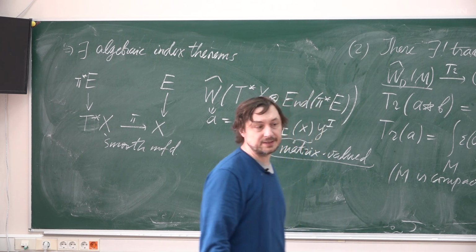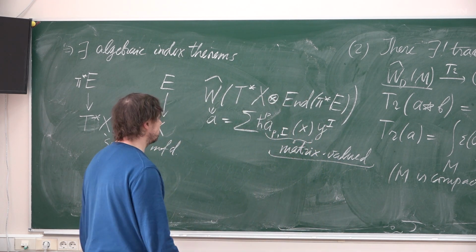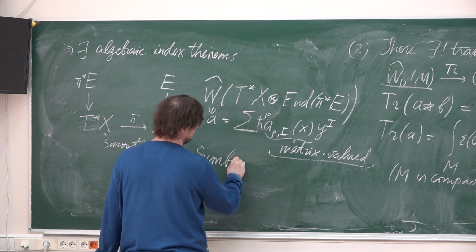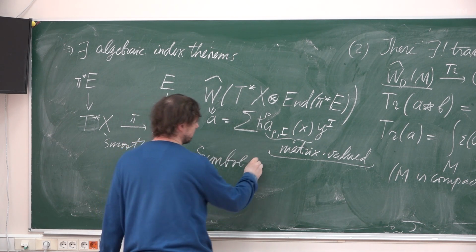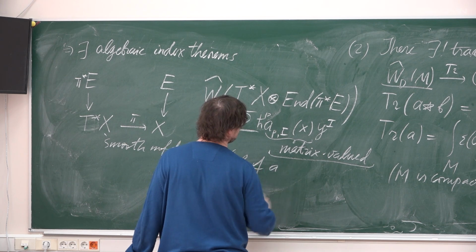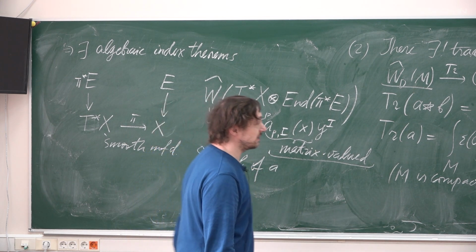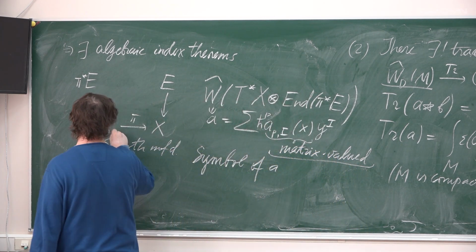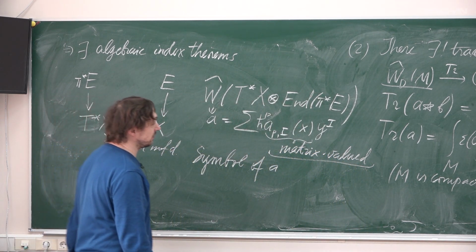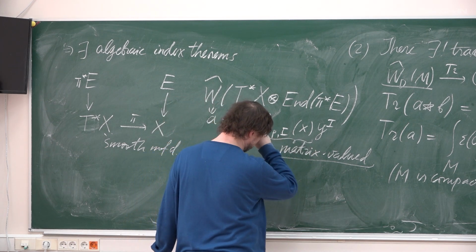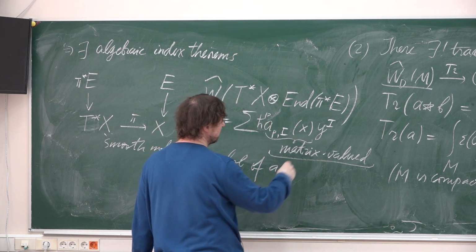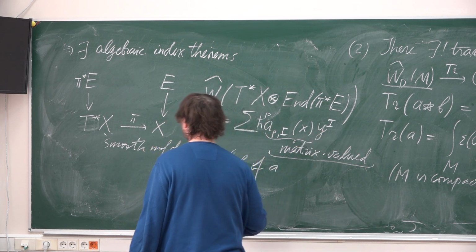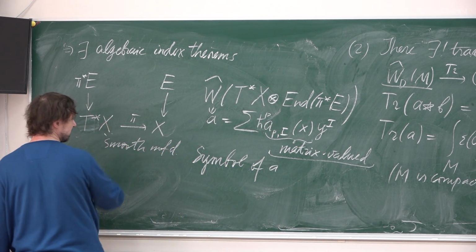You can define the symbol of such an element. It will be just a function on T star x with coefficients in matrix value, with matrix coefficients, right? You just replace y_i by elements in T star x.